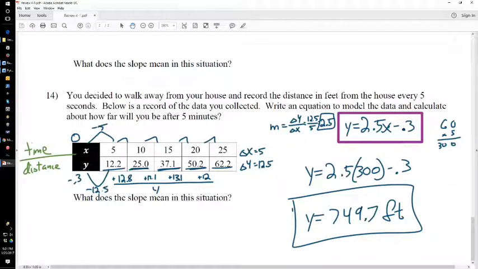Now remember, last but not least, what does the slope mean in this situation? The slope, remember, is how fast Y is changing. So Y in this case is distance from your house.